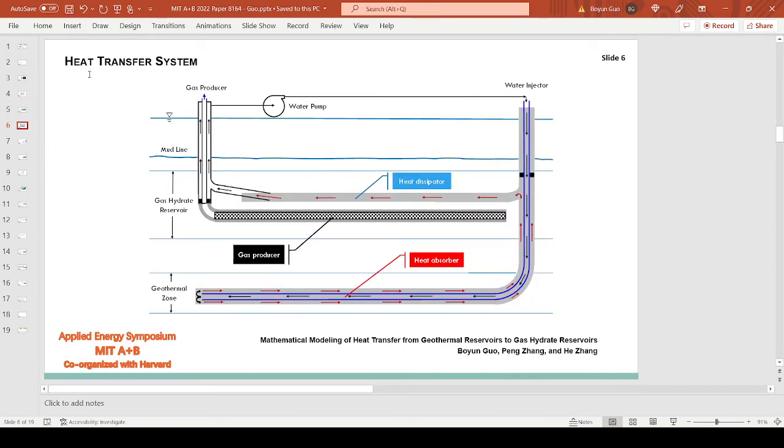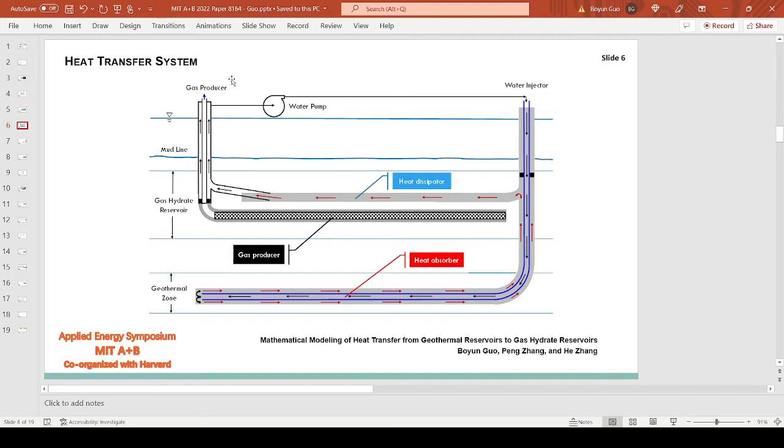We propose to use a well structure called a Y-shaped well structure to transfer heat from the geothermal zone to the gas hydrate zone below the mud line offshore.